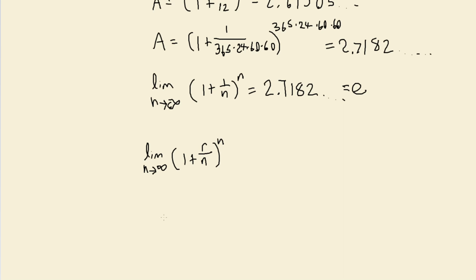But what about after 2 years? You can't just multiply this number by 2 because that's not what happens when things grow continuously. Really, what you need to do is make this amount the principal amount for the next year and then multiply by this same expression, the limit as n approaches infinity of 1 plus r over n to the power of n.